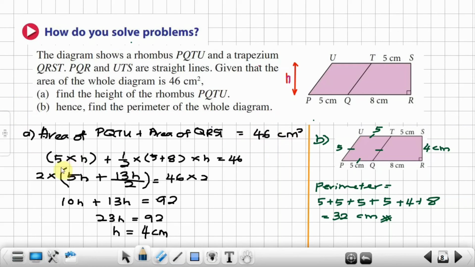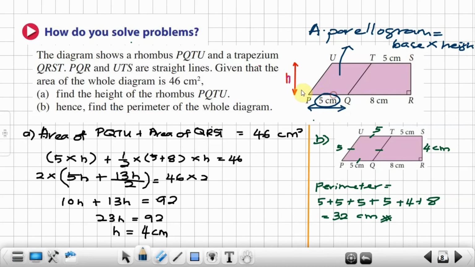For the rhombus, it is actually one type of parallelogram. The area of a parallelogram is the length of the base times the height. So this is the length of the base, which is 5, times the height, which is unknown.